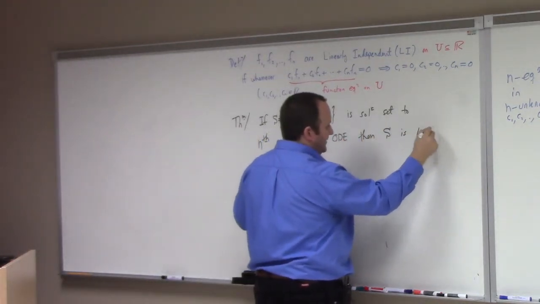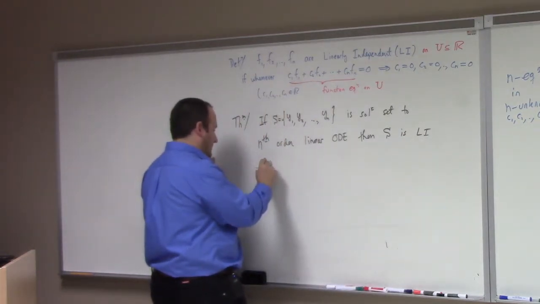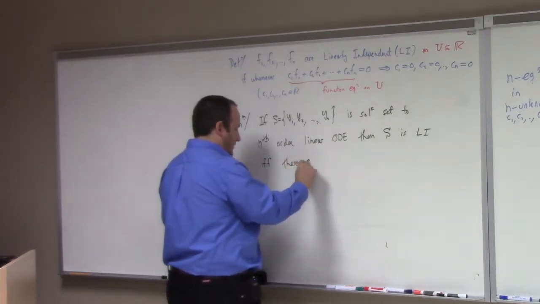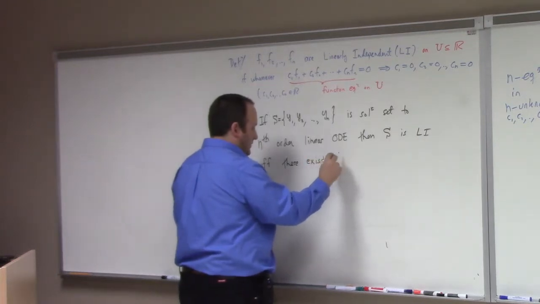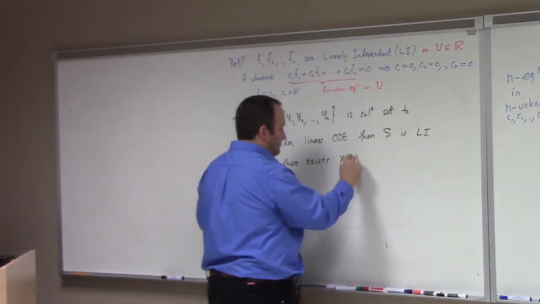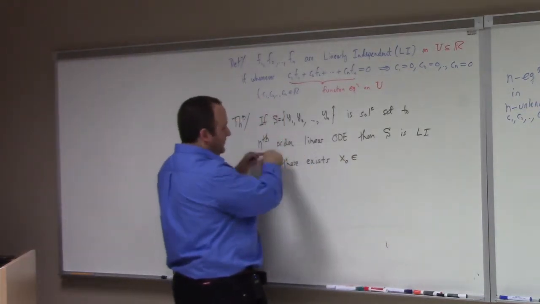Then S is linearly independent if and only if there exists, so that's still not saying it quite right. X naught in the domain of the nth order linear ODE.